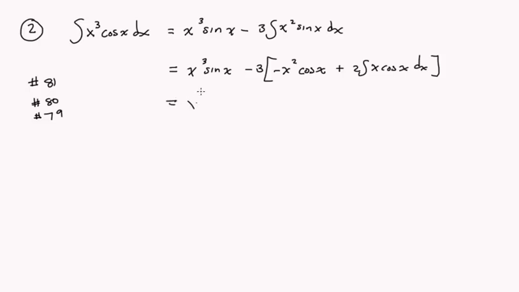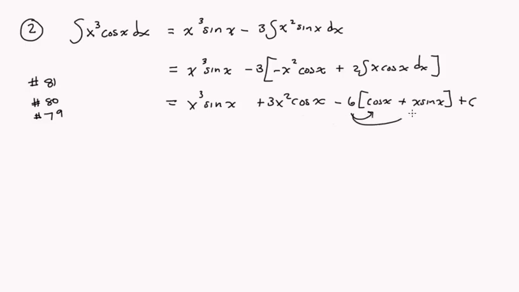Simplify here: x cubed sine x plus 3x squared cosine x minus 6 times, let's integrate that, would be cosine x using the next item on the integration table plus x sine x, plus c. Once you distribute this, you have your final as such.